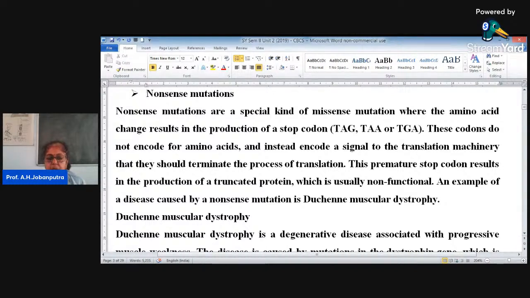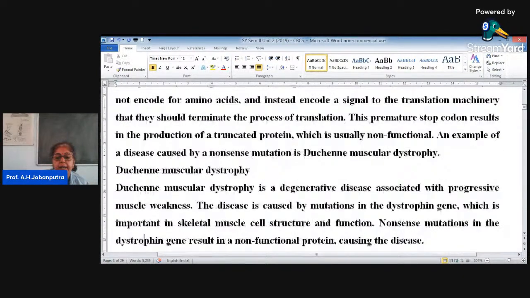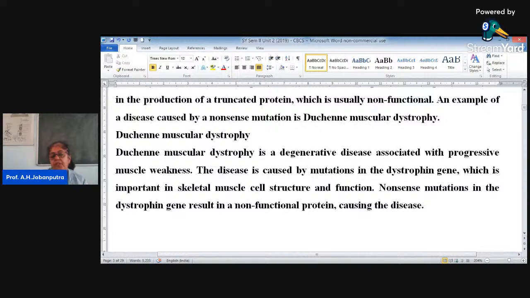These are nonsense codons. It will stop the process of translation, and the protein which is synthesized is a truncated protein or incomplete protein which is non-functional. So one such example of nonsense mutation is Duchenne muscular dystrophy. Duchenne muscular dystrophy is a disease which involves muscular weakness.